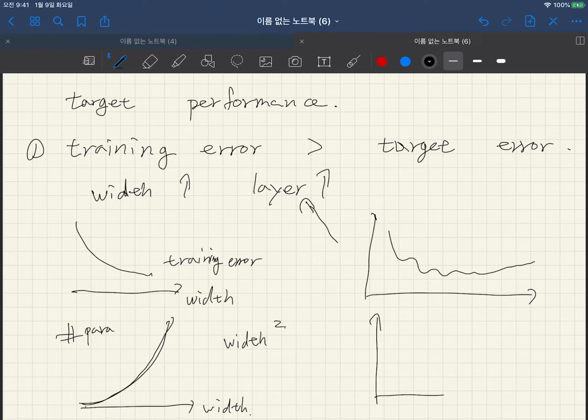But on the other hand, if you increase the number of layers, the number of parameters just increases linearly.